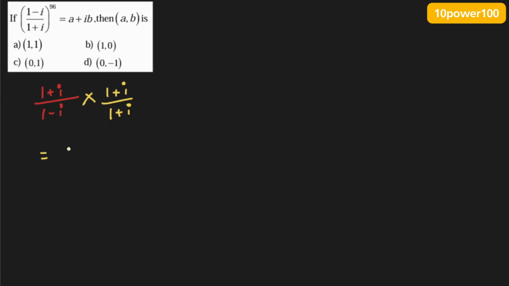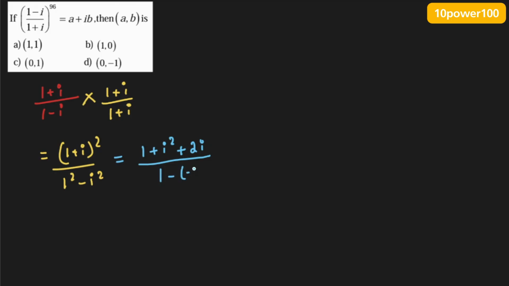If we calculate this, we get (1 plus i) the whole square divided by 1 square minus i square. If we expand this using (a plus b) the whole square, it is 1 square plus i square plus 2i, whole divided by 1 square minus i square.